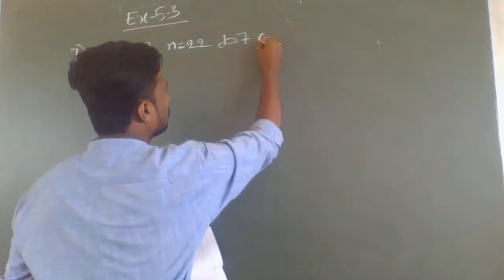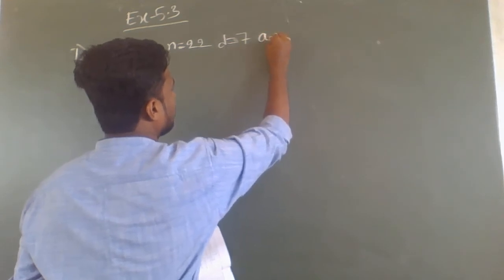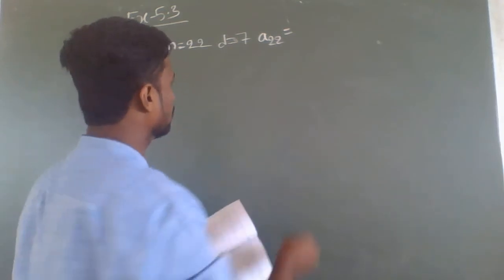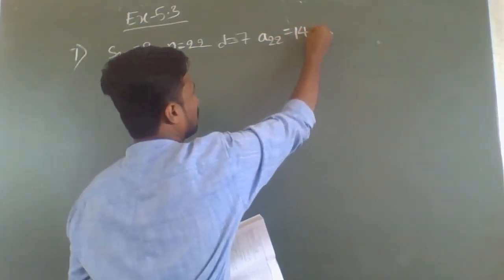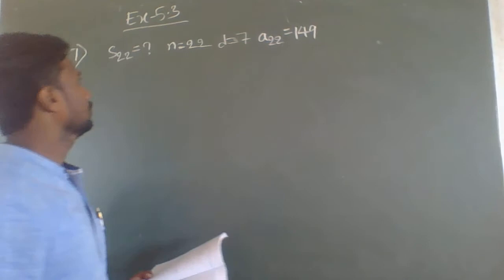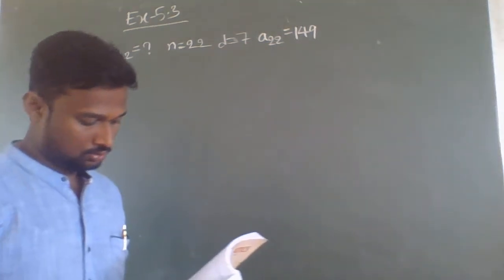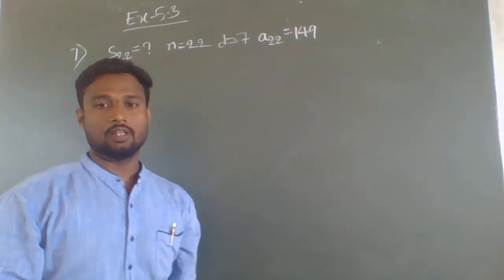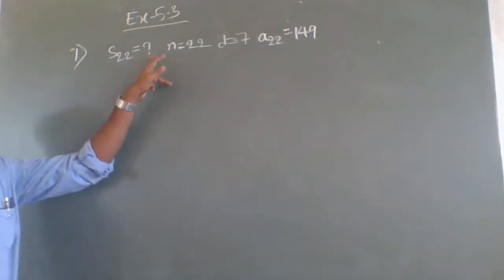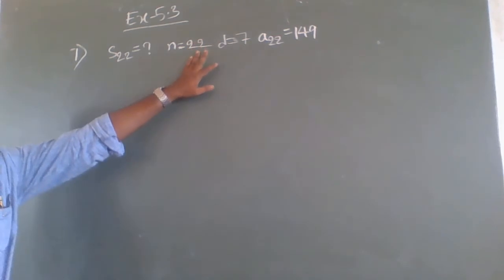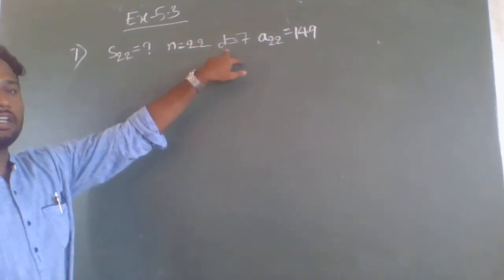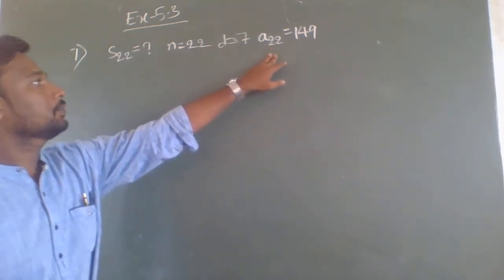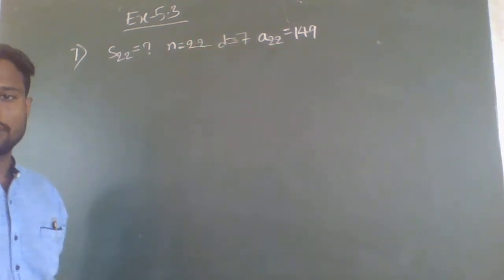The 22nd term you can call a22, which equals 149. So we have to find S22, and they have given n equals 22, d equals 7, and a22 equals 149.